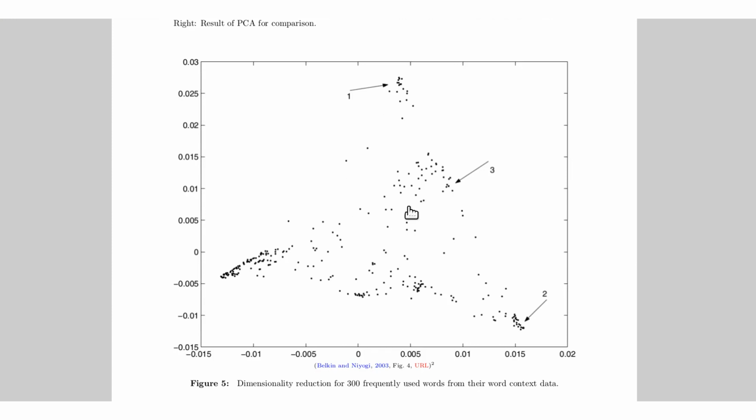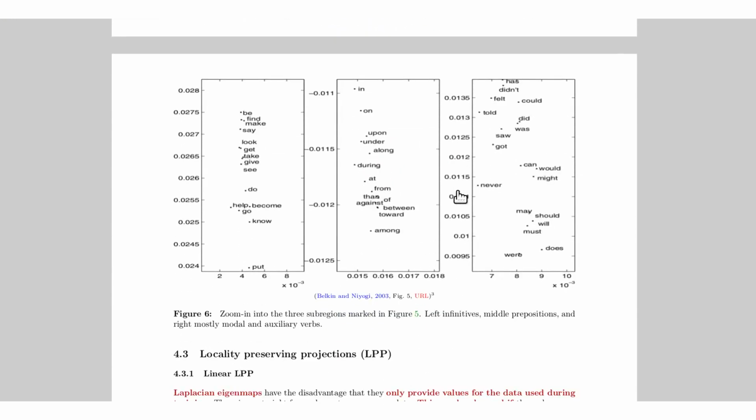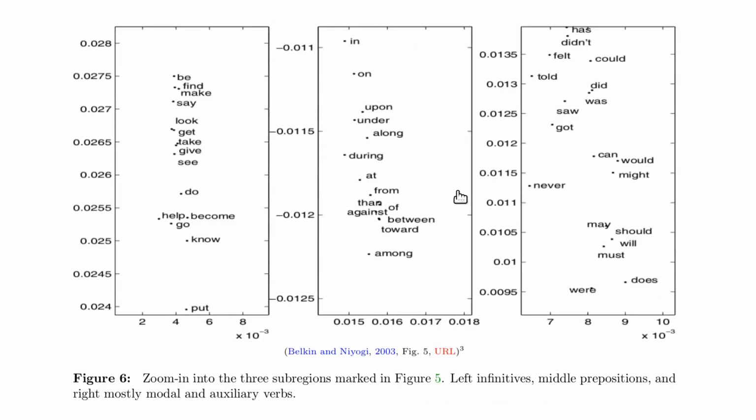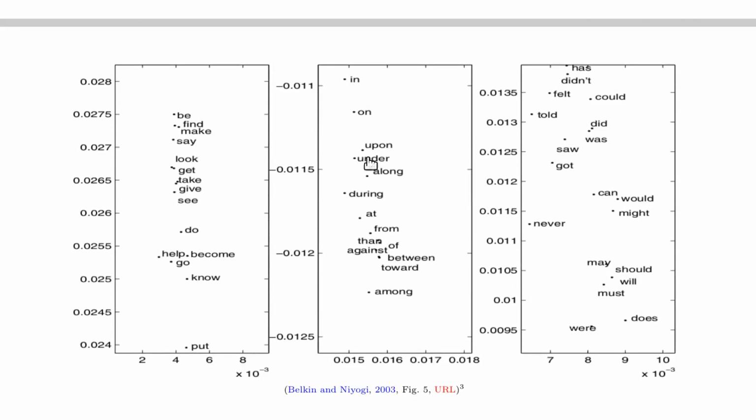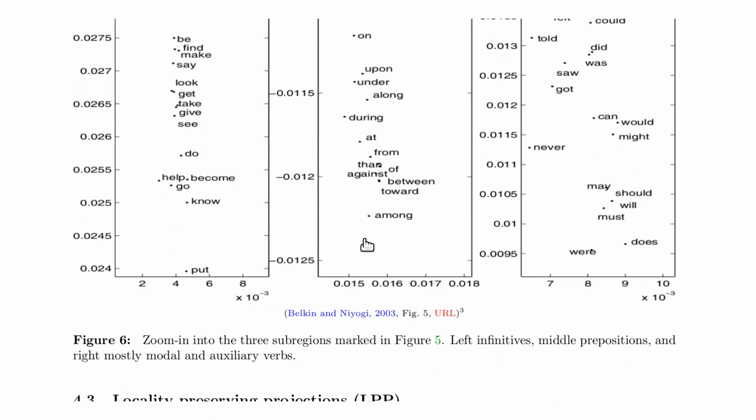What's interesting is if you zoom into this region, shown in the next figure, you have all these kinds of verbs in this one region: be, find, make, say, look, etc. Here you have more. What is this called? Prepositions.